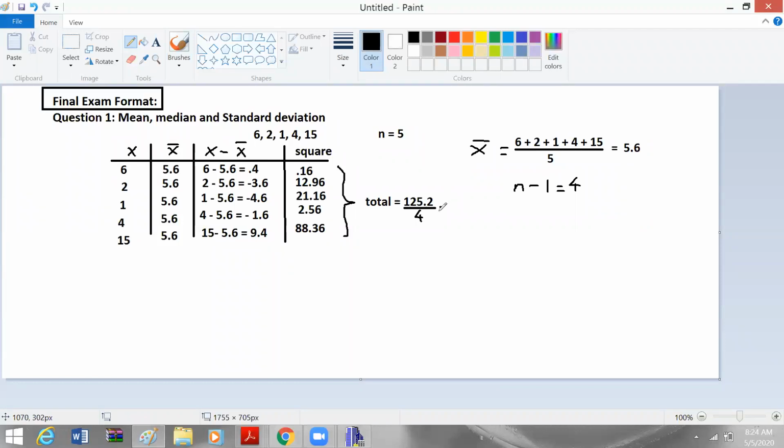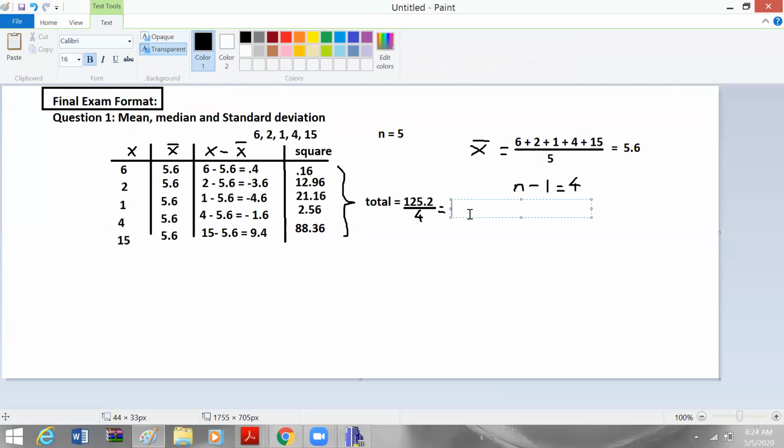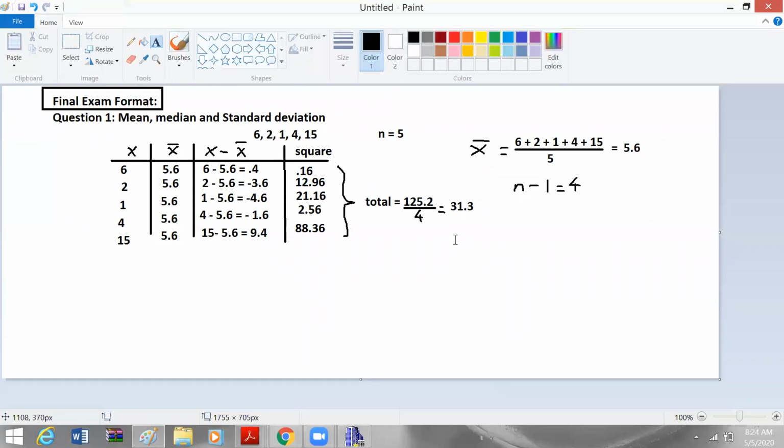But this is not the final answer because we need to take the square root. So remember, the final answer for the standard deviation, which we call S, needs the square root.